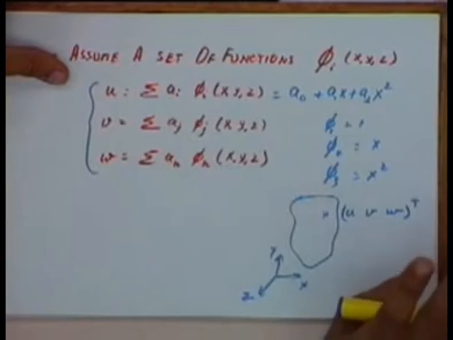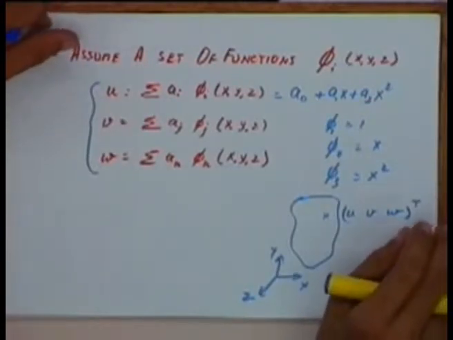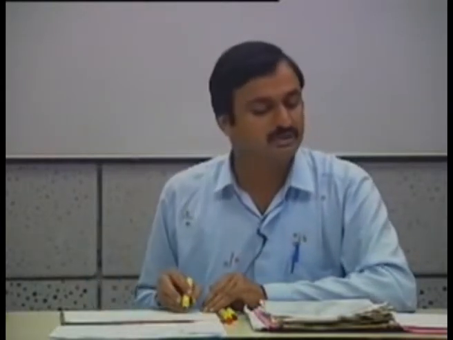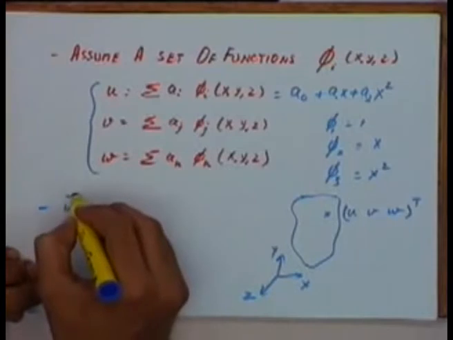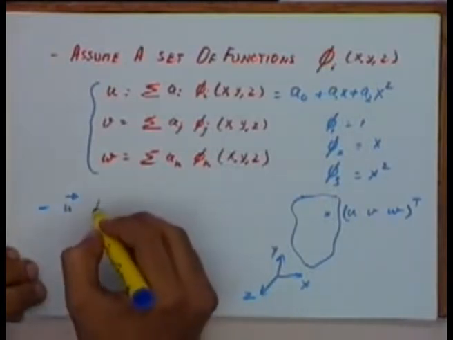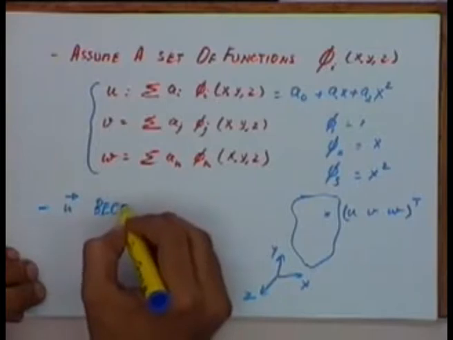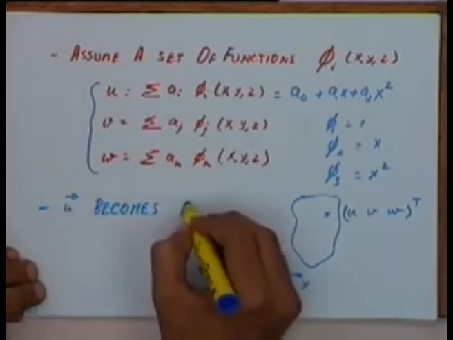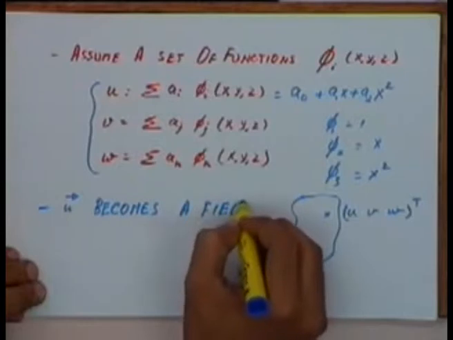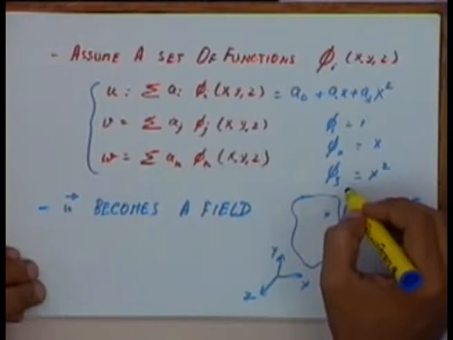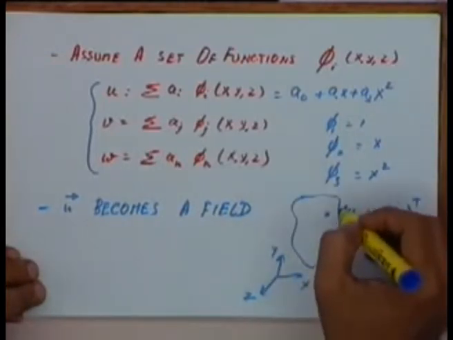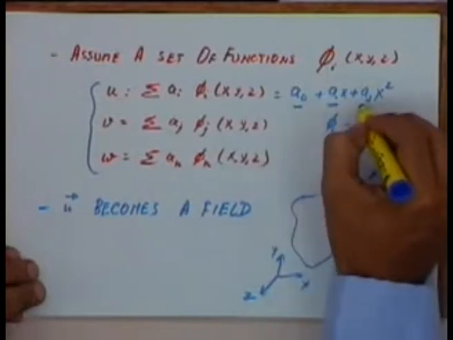As I said, this assumption may or may not be correct, we do not know at the moment. The first step in the Rayleigh-Ritz method is to start with a set of assumptions like this. As a result of this, this u vector becomes a field, meaning it is a function of x, y and z, and this function will be governed by these parameters a0, a1 and a2.